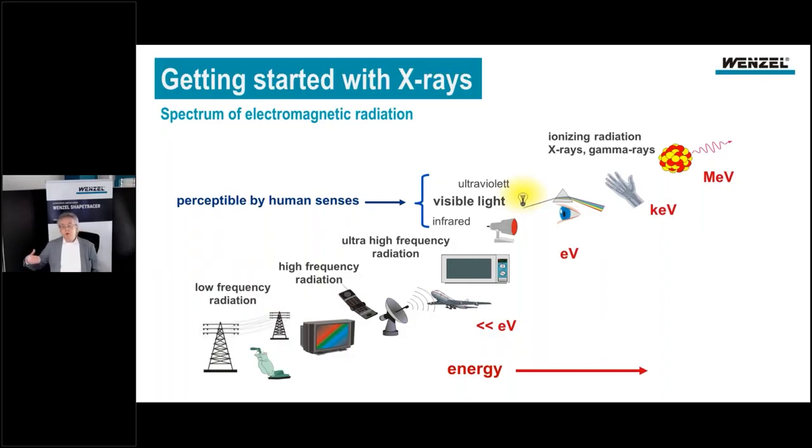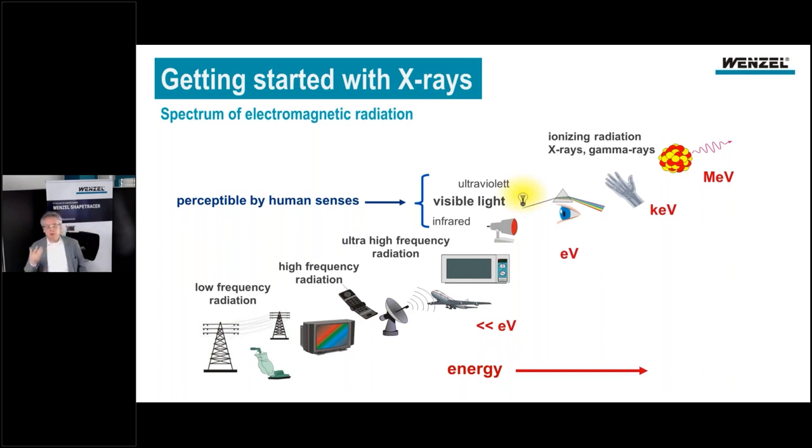And if we go to even higher frequencies, we come to visible light. Visible light consists of infrared, which is the lower range, and the upper range is the ultraviolet part. The visible light is the only part of the electromagnetic spectrum that is perceptible by human senses. And above that come the X-rays.